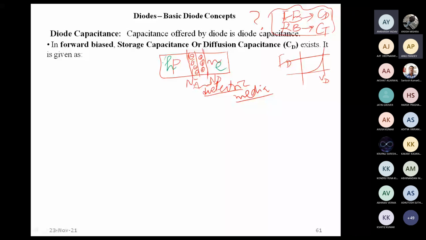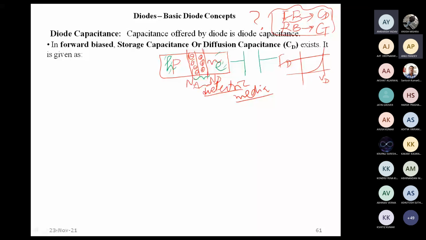So it has similarity with a parallel plate capacitor, in which two conductive plates are separated by a dielectric media.